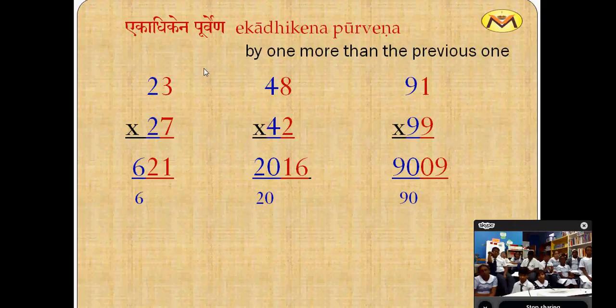Now regarding the sutra that I was telling you about, I'll just quickly go through it and maybe your teacher can do it in a little more detail when time permits. This sutra is called, sorry, can you all read Sanskrit? Read the letters.